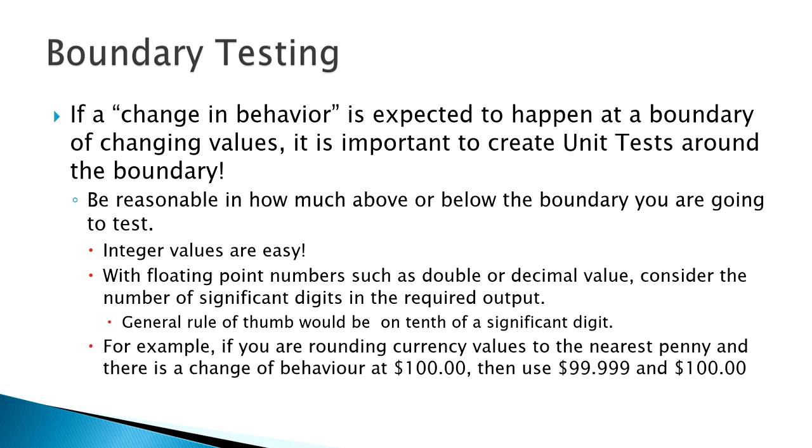So for example, if we go back to our commission rate, if it's $100 or above, and we're rounding our currency values to the nearest penny, and there's that change of behavior at $100, then you would probably go 1/10 of a penny below and use $99.999 as the test for the lower boundary.